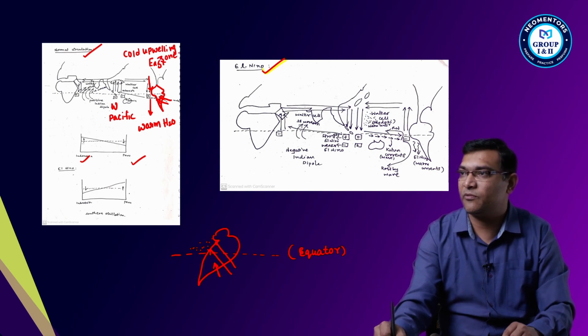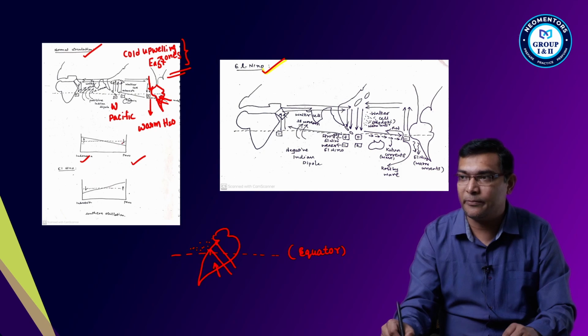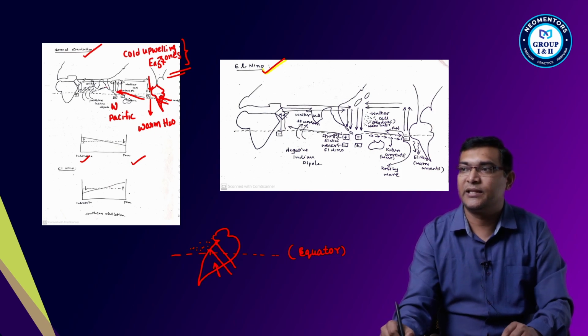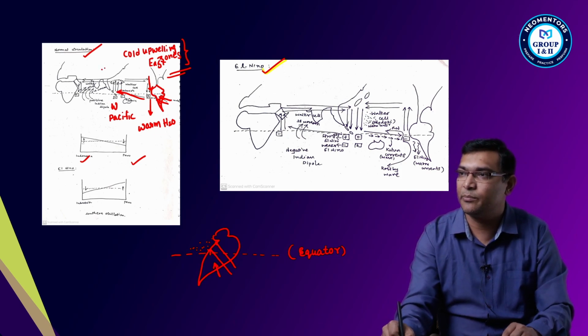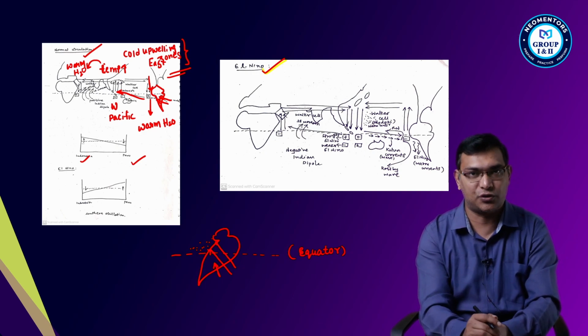So cold upwelling zones will be formed. That means the warm water is moving. In the West Pacific Ocean there will be a temperature increase, because of the warm water transported from the Peruvian coast to the Indonesian coast.